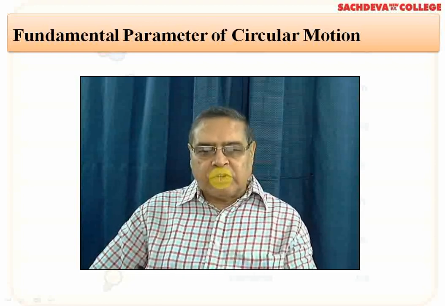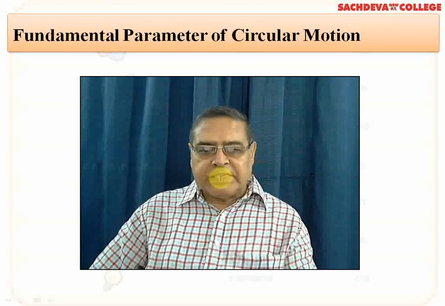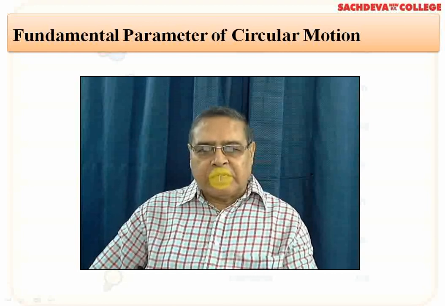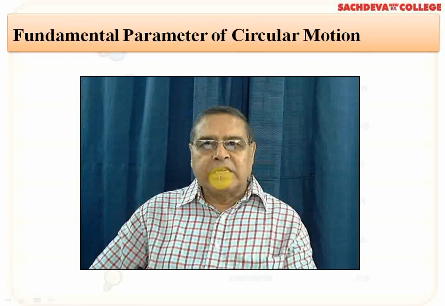When the direction of the particle changes, there is no change in the radius vector, but there is a change in direction of the particle, so velocity will change. Therefore, speed will remain constant, but velocity at different instants of time will be different.